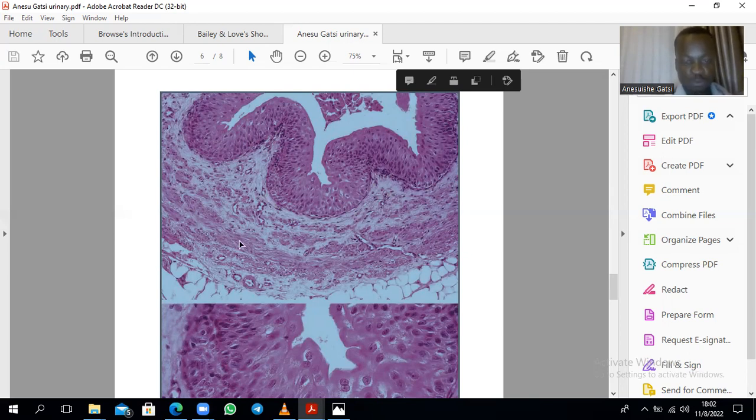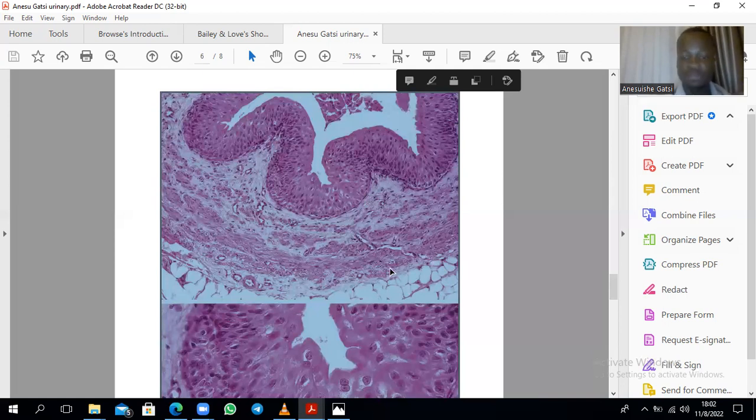Then this is smooth muscle here. Remember the smooth muscle in the ureter is quite thick. There's a longitudinal layer, right? Then there's a circular on the outside there, right? Then all these are blood vessels, right? Those are blood vessels. On the outside here where we have fat, that's the adventitia, right?